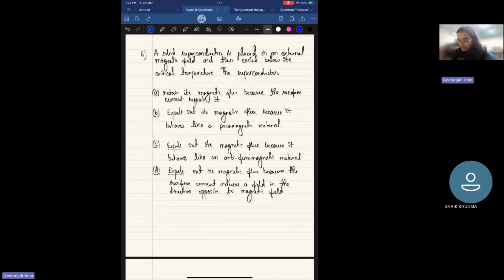Question number 6, it's a conceptual one. A solid superconductor is placed in an external magnetic field and it is cooled below its critical temperature.